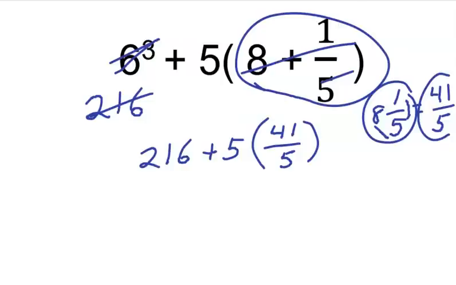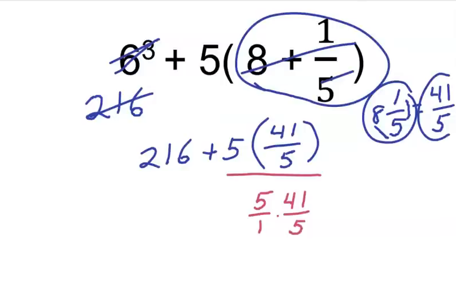So it looks like the next thing we're going to have to do is multiply these two numbers, right? 5 and 41 over 5. So let's rewrite that. We're going to have 5 over 1 times 41 over 5. You guys remember, we can cross reduce.